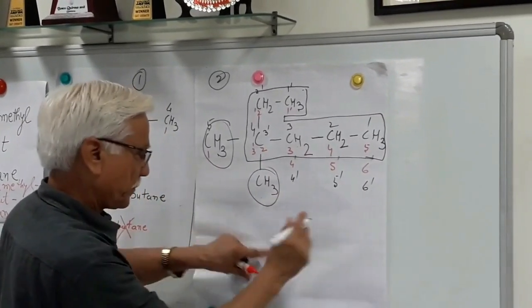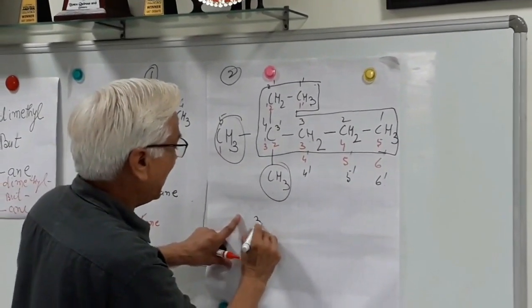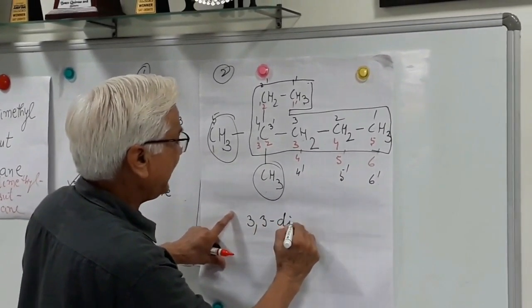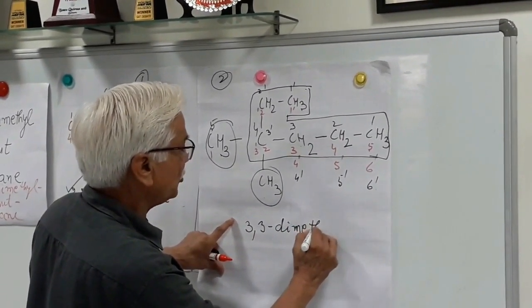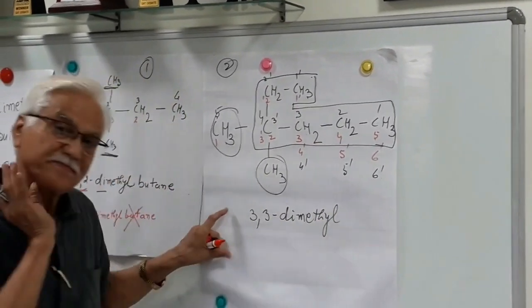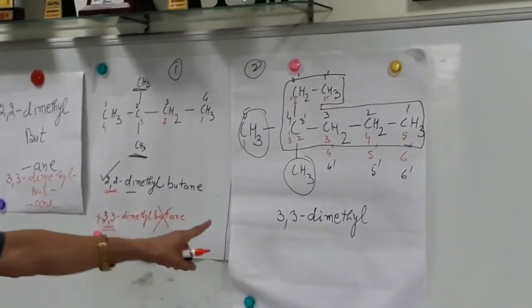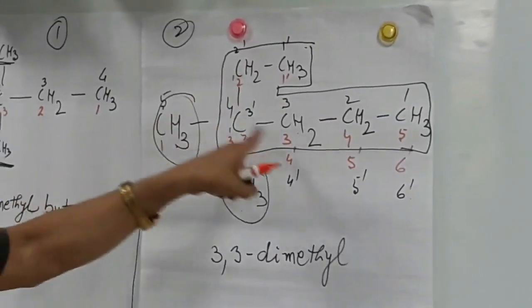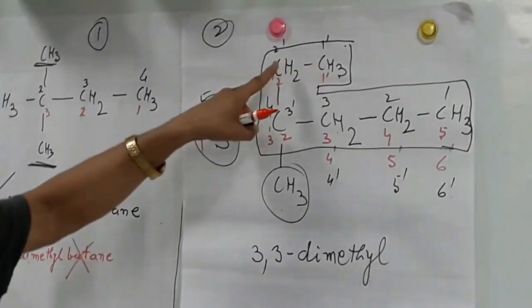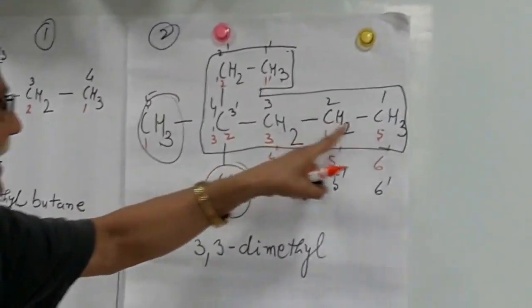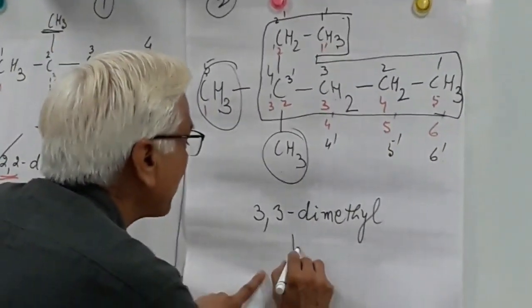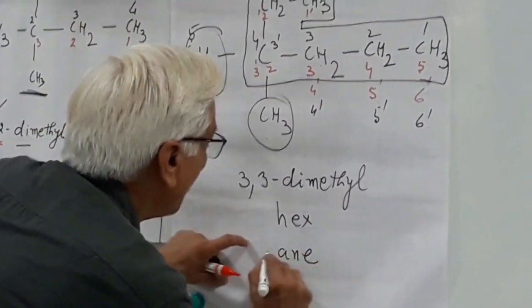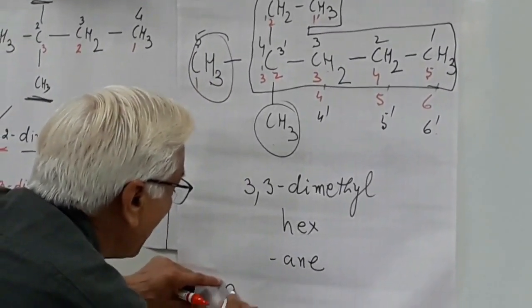So the prefix will be 3, repeated 2 times, di, group name methyl, so 3,3-dimethyl. Root chain, how many carbon atoms? 6, so hex. Parent chain, ane. So what will be the name of this compound?